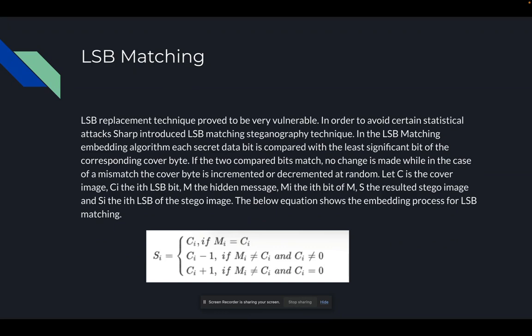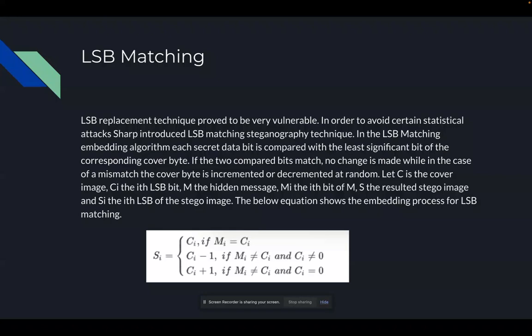In LSB matching embedding algorithms, each secret data bit is compared with the least significant bit of the corresponding cover byte. If the two compared bits match, no change is made, while in the case of a mismatch, the cover byte is incremented or decremented at random.